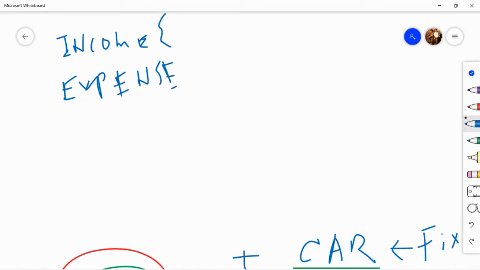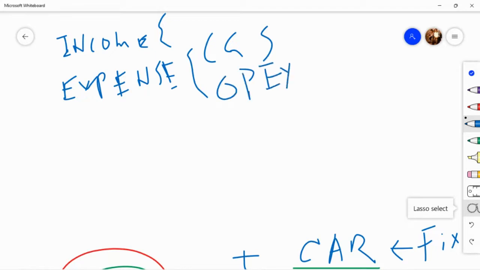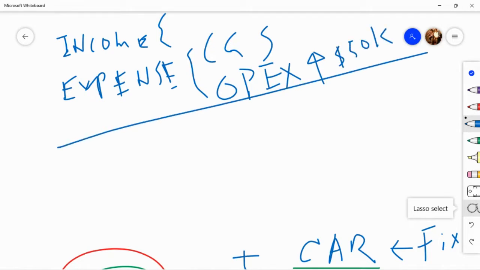If you write it off in year one, OPEX goes up by $50K, right?